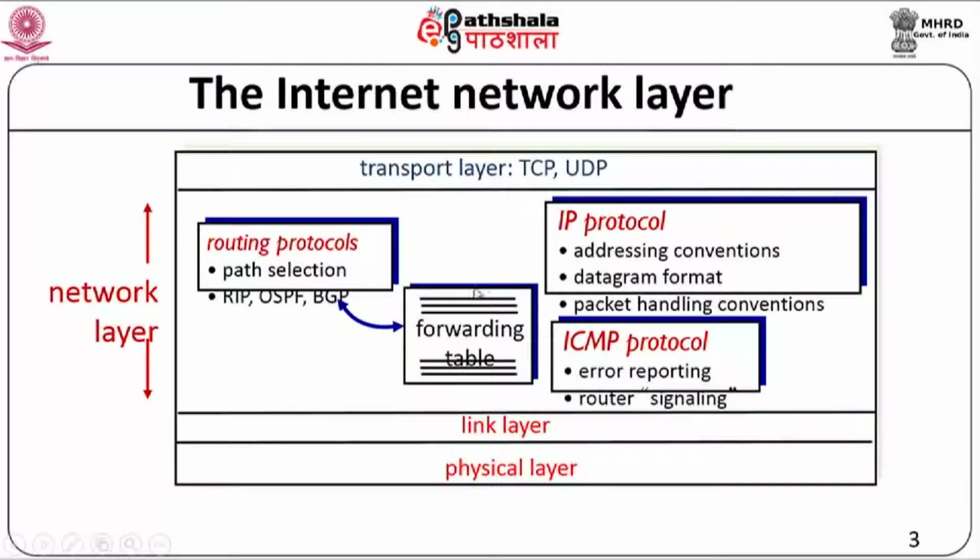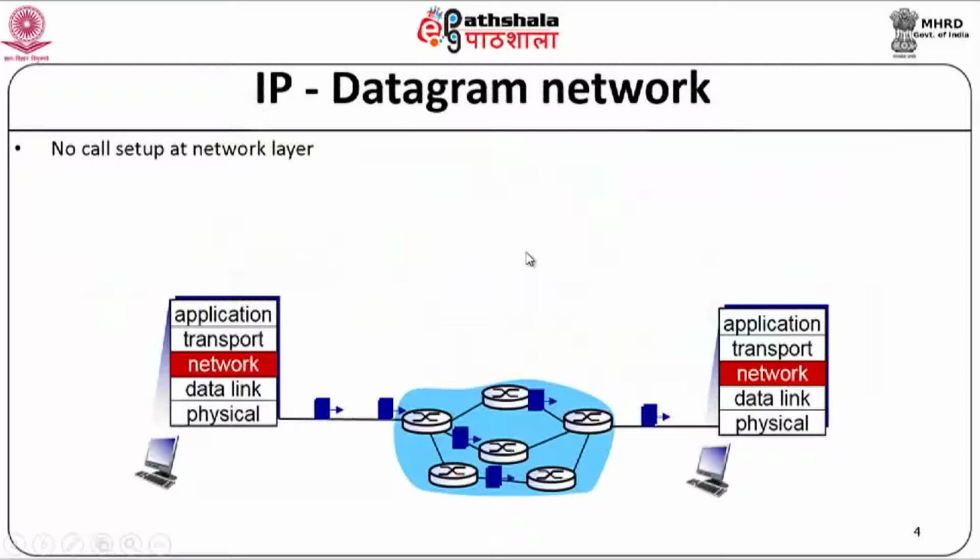These are responsible for constructing the forwarding table, which is used by the IP protocol. There are also error reporting and signaling protocols, namely the ICMP protocol, which we can look at as a companion protocol for IP. What we are looking at now is the IP protocol, which is used in the TCP/IP protocol suite.